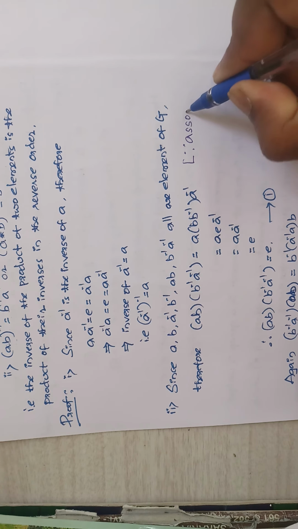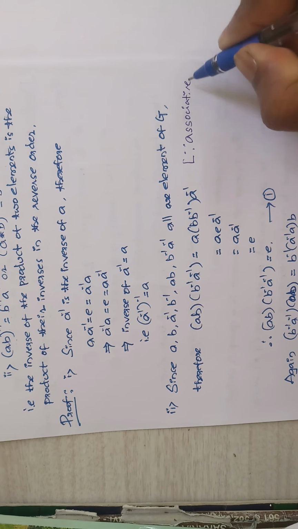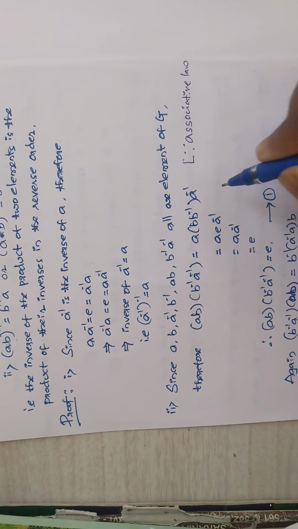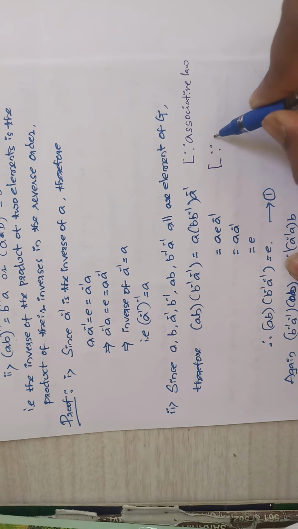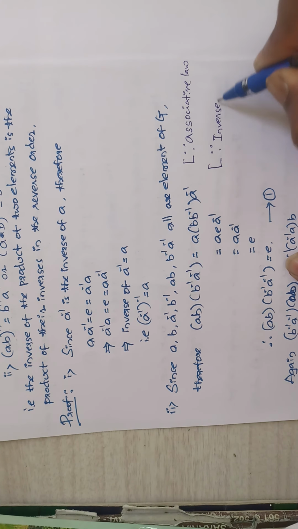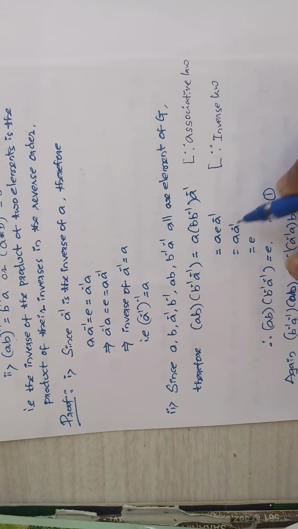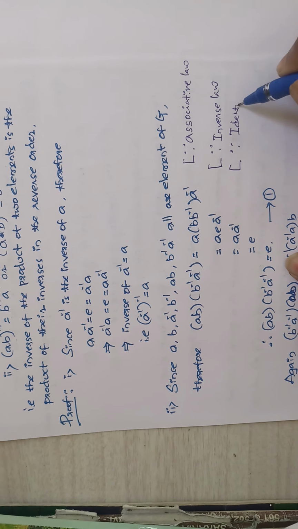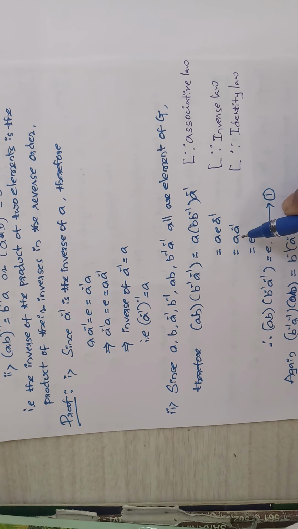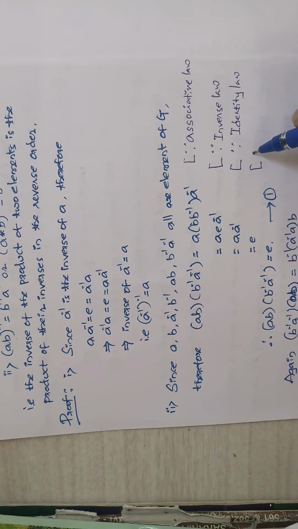So b into b inverse is equal to e, because of inverse law. So a into e is equal to a, because of identity law. So a into a inverse is equal to e, because of inverse law.